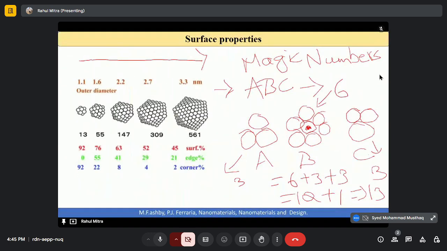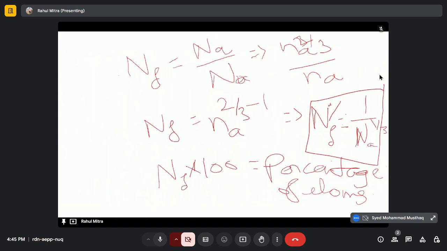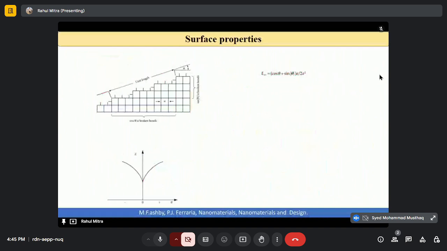Again we have the magic numbers, how the surface energy affects the number of atoms that can be accommodated in a nanoparticle. So let's move on to how you find the surface energy.